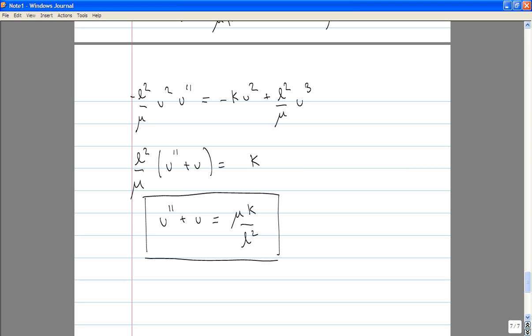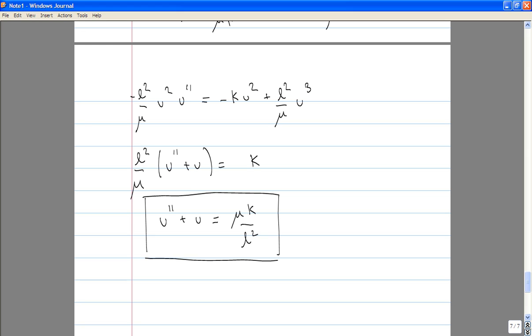This is the equation of motion of a simple harmonic oscillator with a driving force. u is the position of a simple harmonic oscillator. u double prime plus u is the left-hand side of the equation of motion of a simple harmonic oscillator. And the constant term, mu k over L squared, has the form of a driving force for that simple harmonic oscillator.